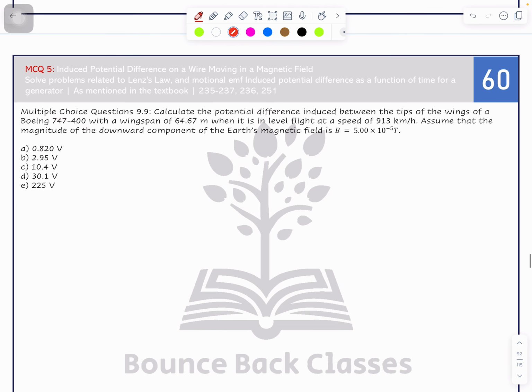Okay, now we have the next question. Just apply this and solve it. Calculate the induced potential difference. We are looking for V induced, which equals negative d phi over dt, which equals B times L times V. Between the tips of the wing of a Boeing with a wingspan.